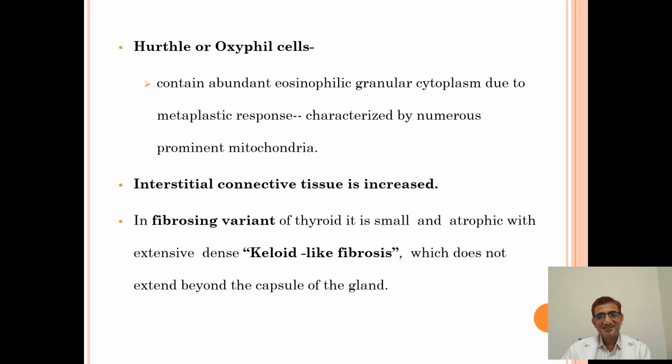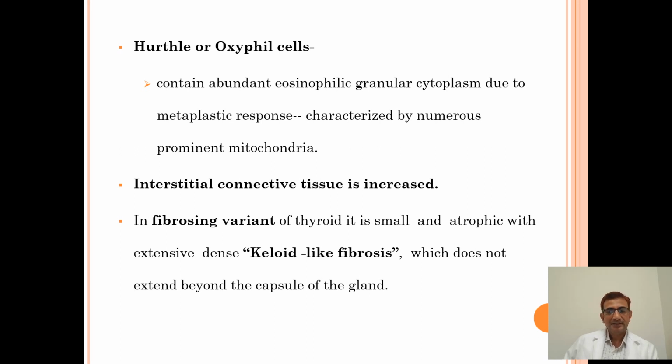Hurthle cells contain abundant eosinophilic granular cytoplasm due to a metaplastic response characterized by numerous prominent mitochondria.